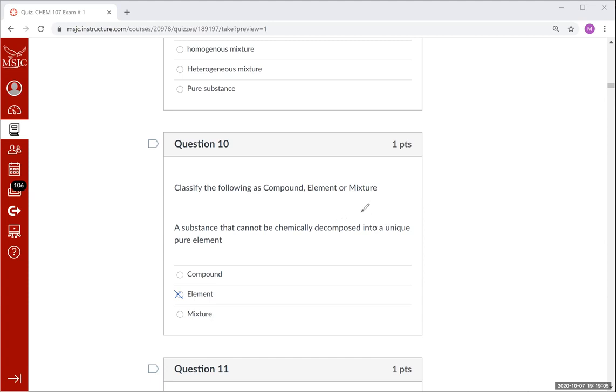Please go ahead. What's the difference? For that I put mixture, so what would be the key? So a mixture is defined as two or more pure substances that are mixed, but not chemically bonded.